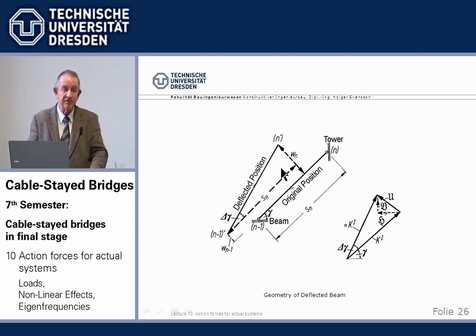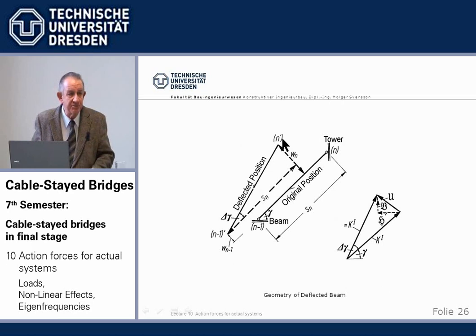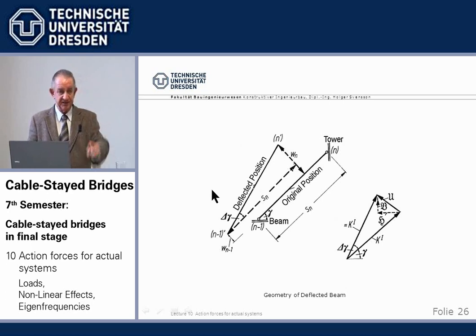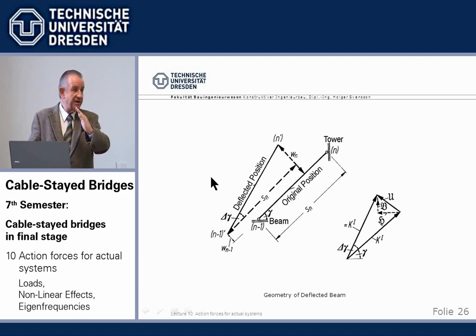But we have a second effect in a cable-stayed bridge which helps. And that is, when I move down the cable anchor point, the cable becomes steeper. And when the cable becomes steeper, it carries more of the load up to the tower, and thereby reducing the normal force in the beam.